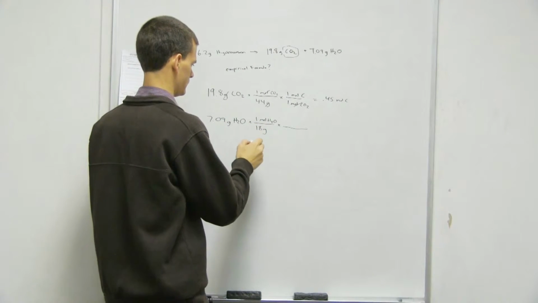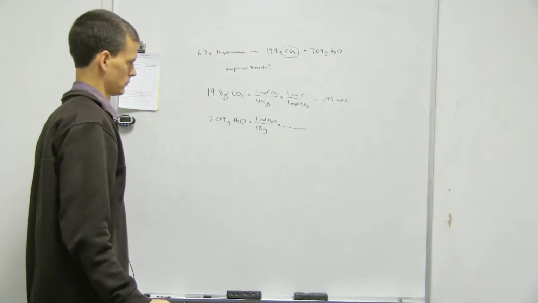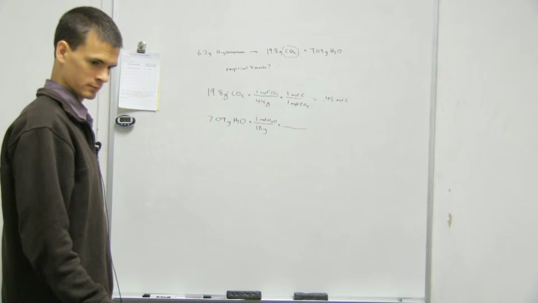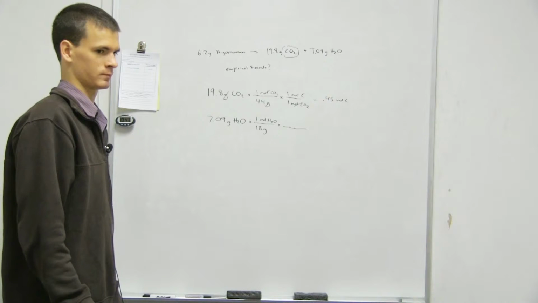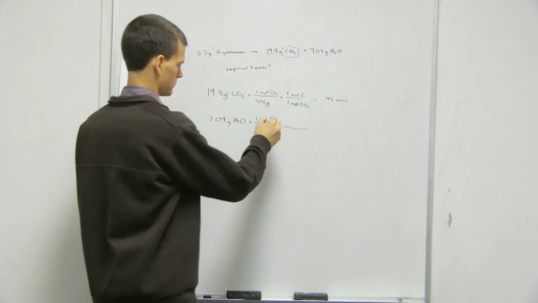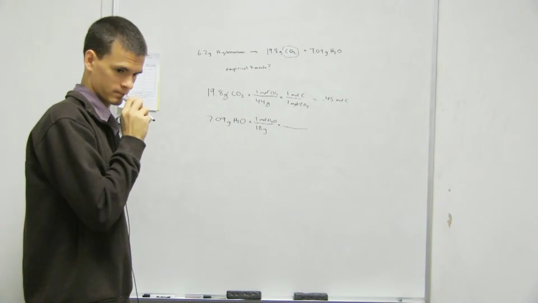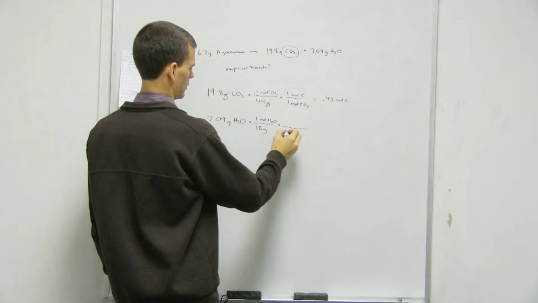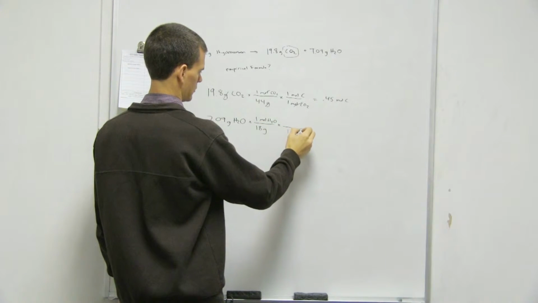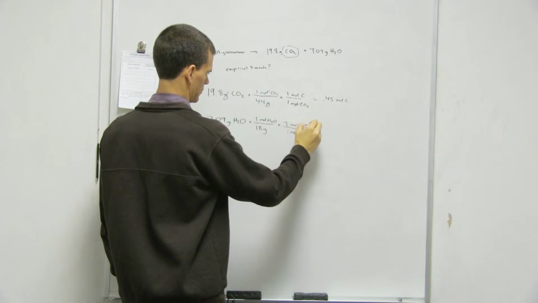And we want just hydrogen. So for every H2O there's, would it be 2-to-1? Yeah, 2-to-1. 2 moles of hydrogen for 1 mole H2O.